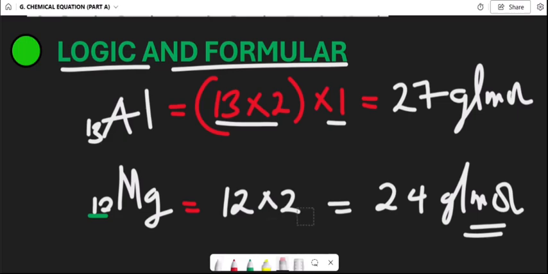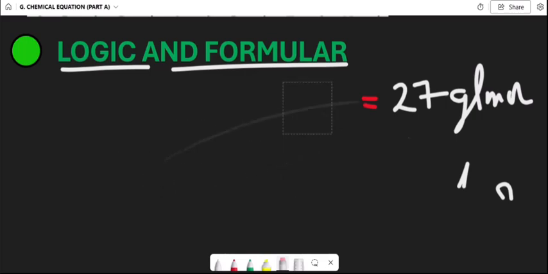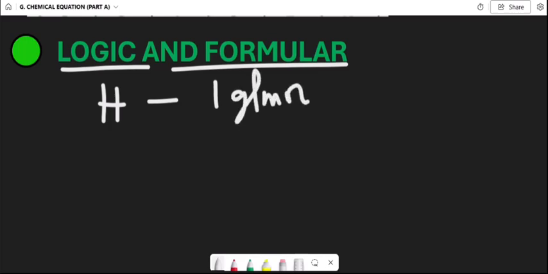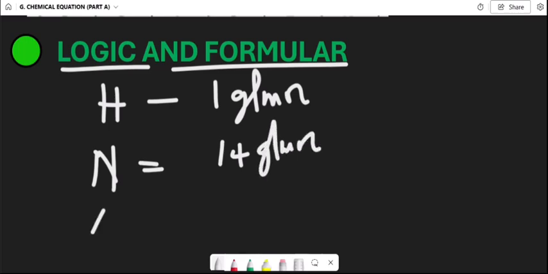Let's give the exceptions. There are some elements in the first 20 elements that are exceptional. The first one is hydrogen. The atomic weight of hydrogen is always 1 gram per mole. The second one is nitrogen. The atomic weight of nitrogen is always 14 grams per mole. The third one is argon.